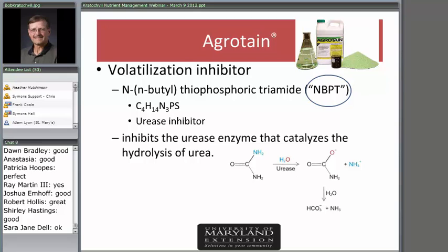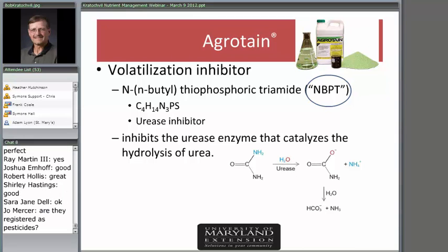Commercial products that contain these various inhibitors include this product, Agrotain. Agrotain is actually NBPT. You can see the chemical formulation there to the left, and it's much easier to say NBPT than to repeat that. NBPT is a urease inhibitor.